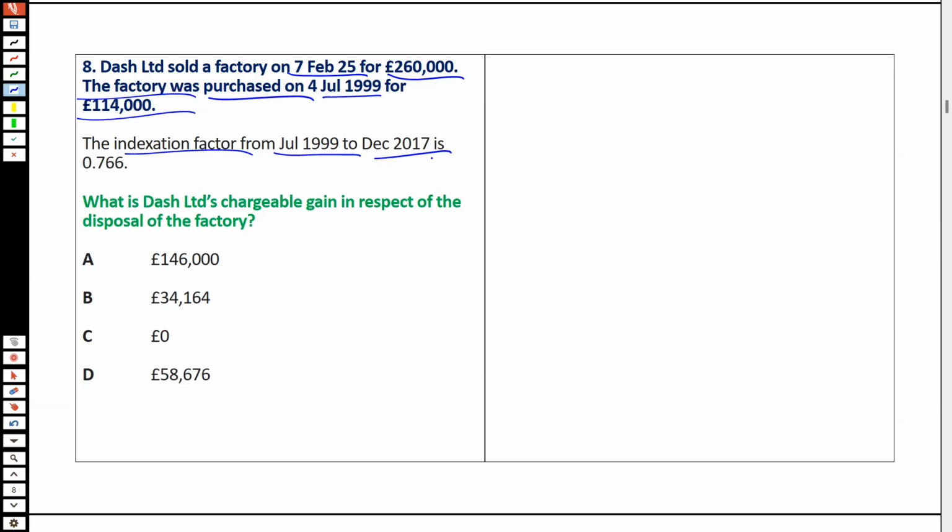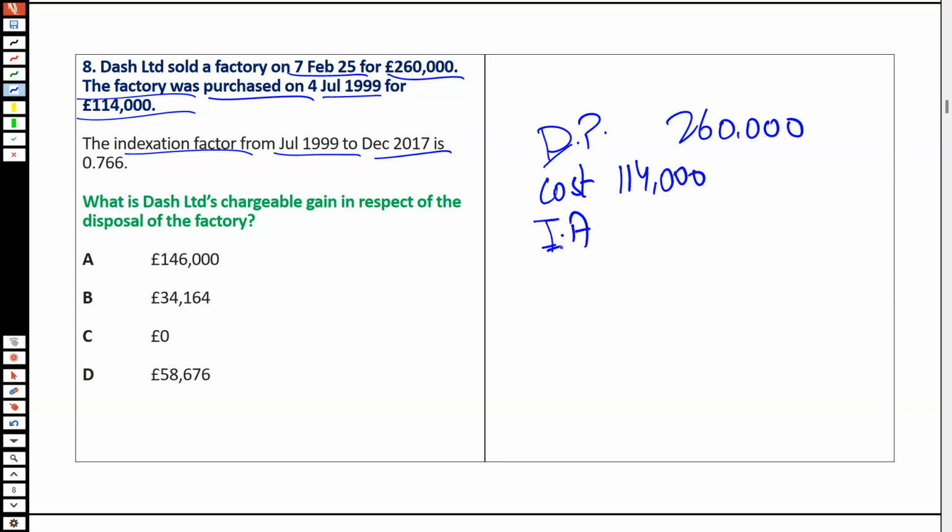What is Dash Limited's chargeable gain in respect of the disposal of the factory? So disposal proceeds are 260,000. Cost, indexation allowance.